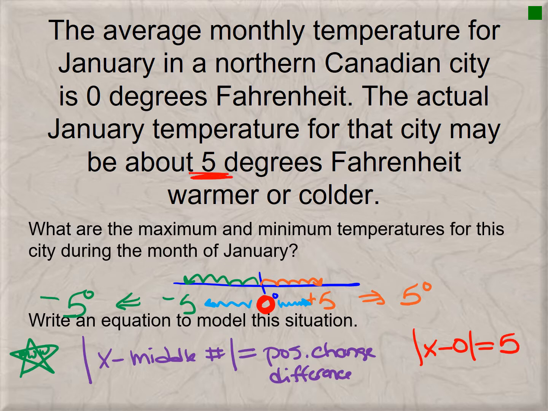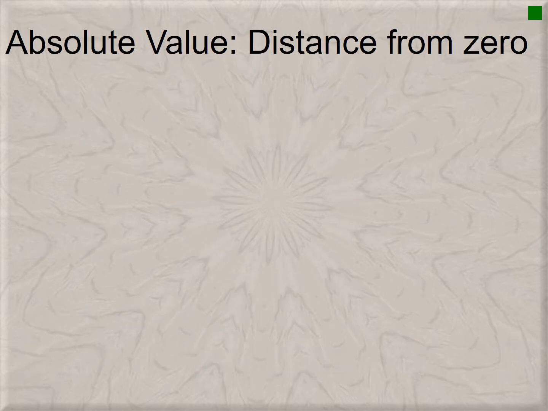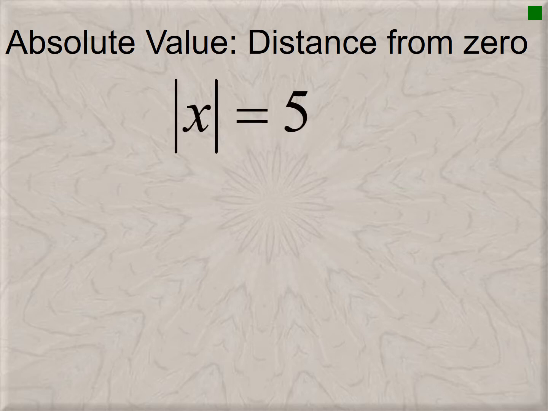Since x minus 0 is just x, we put the absolute value of x equals 5. And we're going to talk about how to solve that soon. Absolute value is the distance from 0. We just said that.